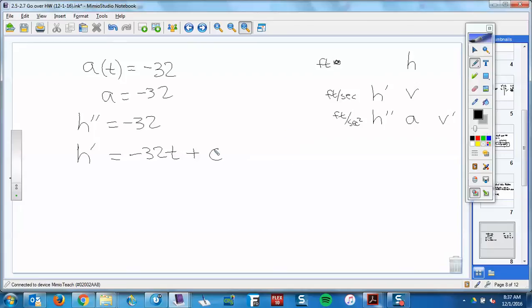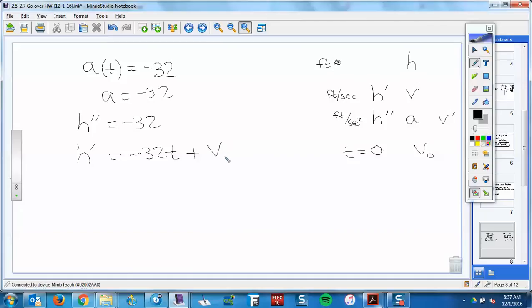Well, I don't have an initial condition, but at time 0, what would be my velocity? When t equals 0, I'm going to call my initial velocity v sub 0. So when t is 0, this would disappear. Everybody with me? When t is 0, this would go away. So c, isn't this just my initial velocity right here? Because h prime is my velocity. So I'm going to replace that c with a v sub 0.